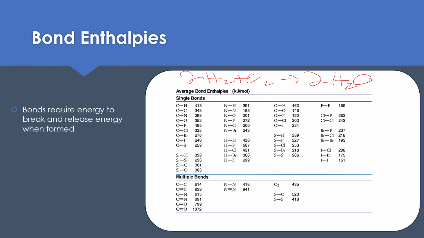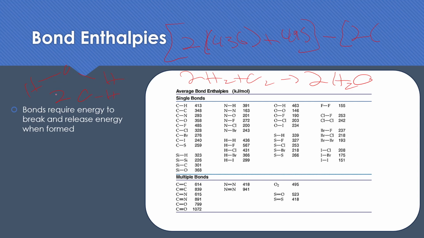Cool. So I need the enthalpy of my bonds broken and formed. So 2 times HH. Where's HH? Here we go. So 2 times 436 plus O2, 495, minus 2 times, now here, remember, H2O, so I have 2 OH bonds per 1 water.